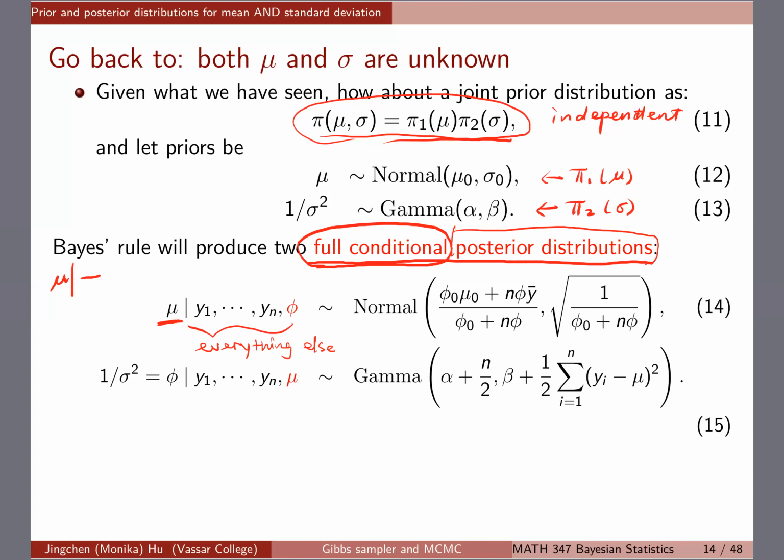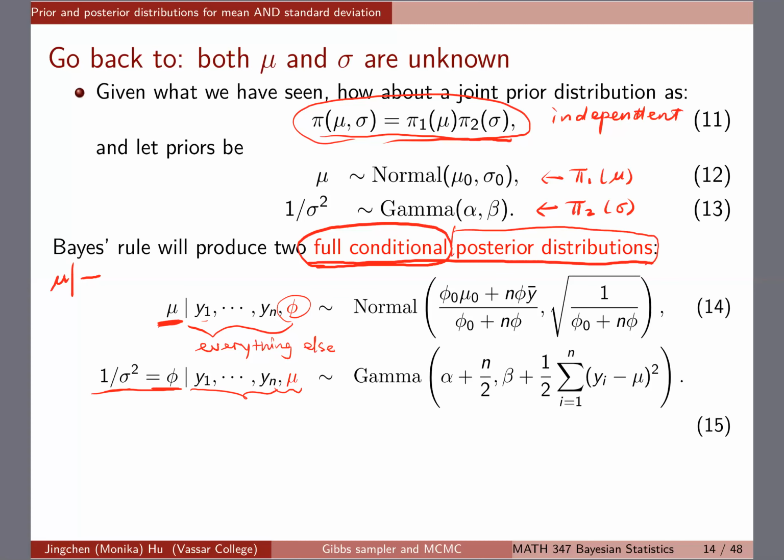In short, by definition, for each parameter you're looking at its conditional distribution given everything else. So for mu, you're given y1 through yn and phi, the other unknown parameter. And for 1 over sigma squared, which is phi, it's given the data and the extra parameter mu. So this is a definition.